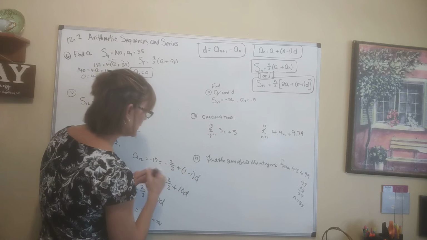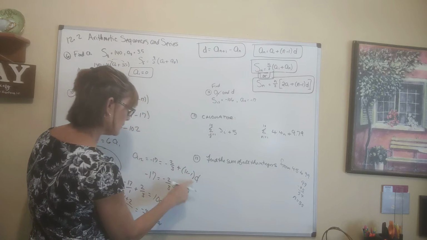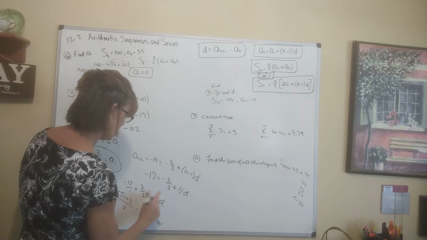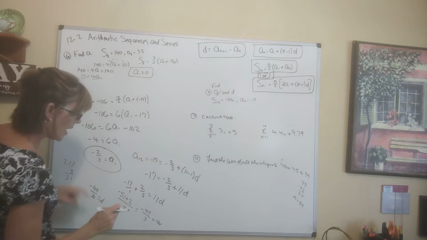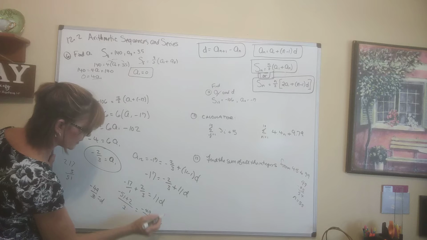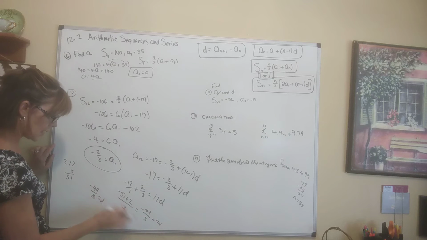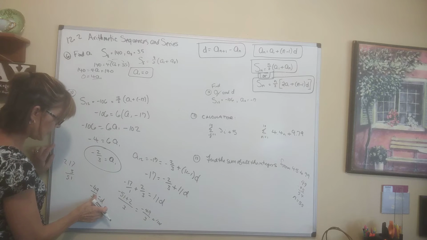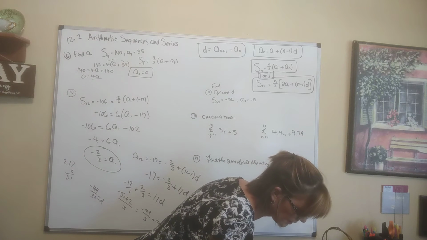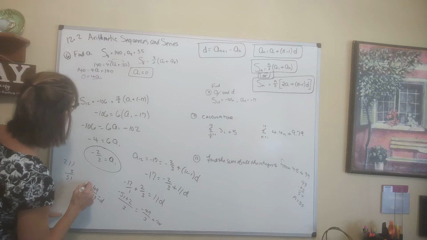So this should really be 11d. And that means I'm going to have this is 11d. So then when I divide both sides by 11, I get 49 over 33, and that is what d equals.